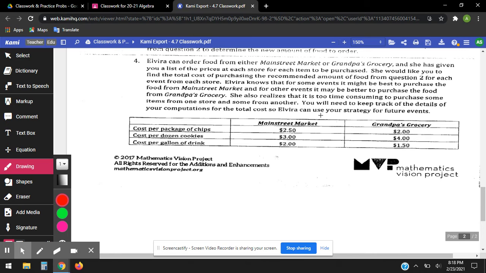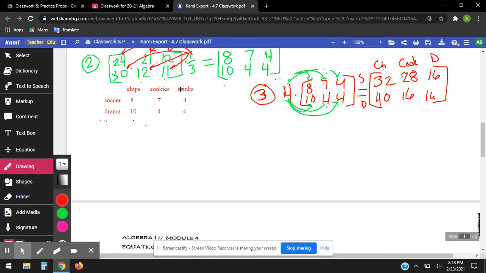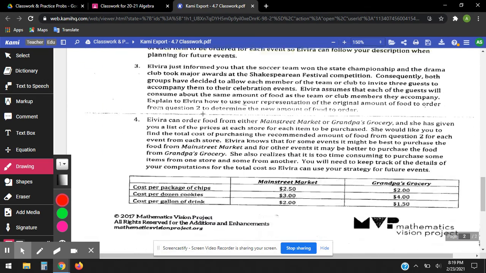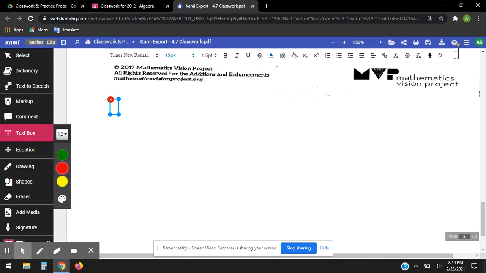So we're going to take our original amounts. So this one right here, the 874, 1044. So I'm going to go ahead and put these down here.